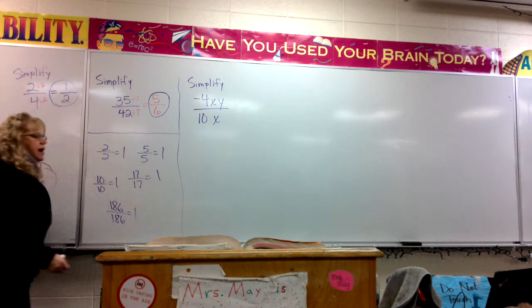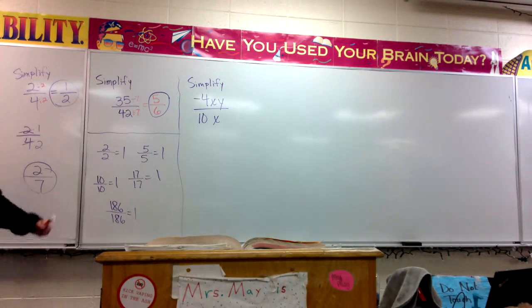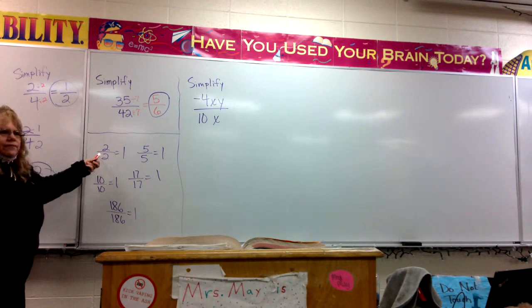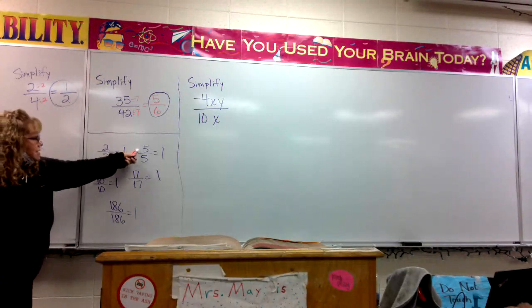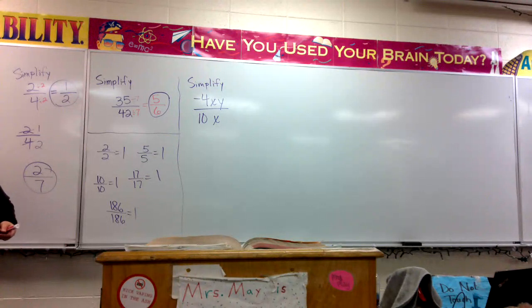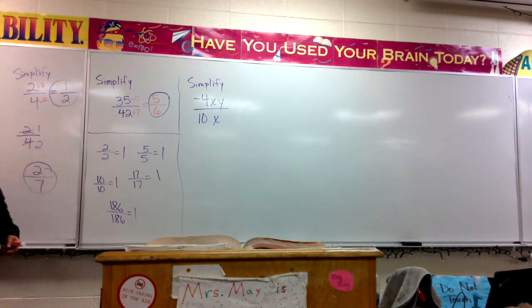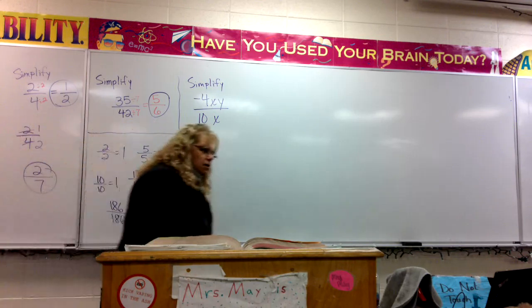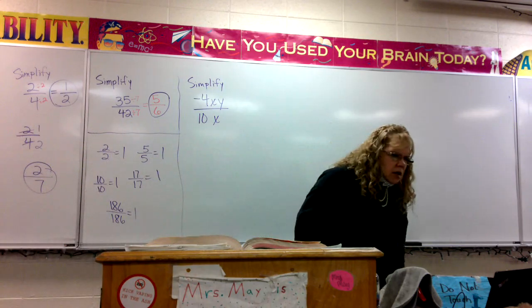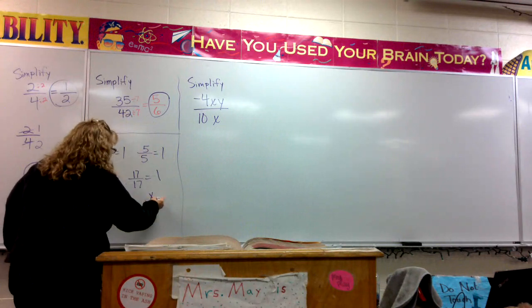Do you see a pattern there? The pattern is anything over itself is equal to 1. But then everyone always gets their undies in a bundle when you switch it to something like x over x.